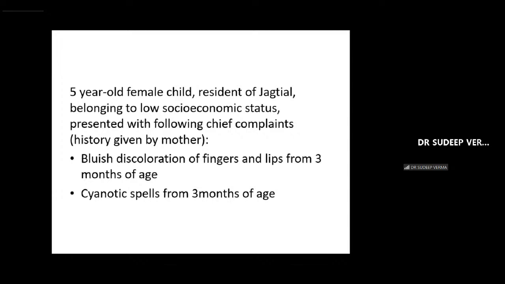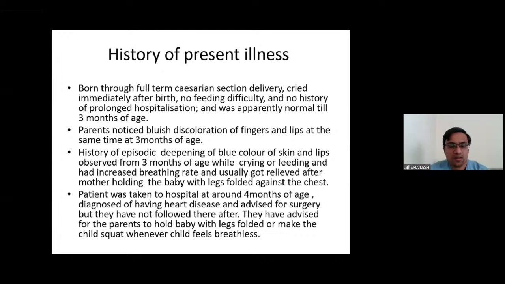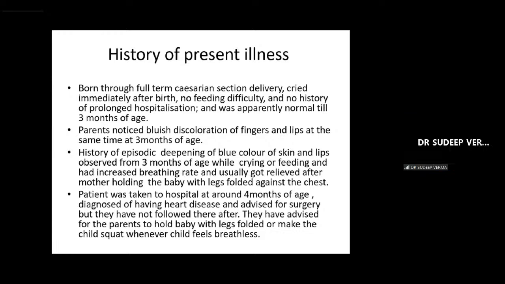And you told specifically the episodes of knee-chest position and squatting. What is the importance of that? Sir, these are the typical episodes of cyanotic spells in the history. What is the most common age of cyanotic spell presentation?